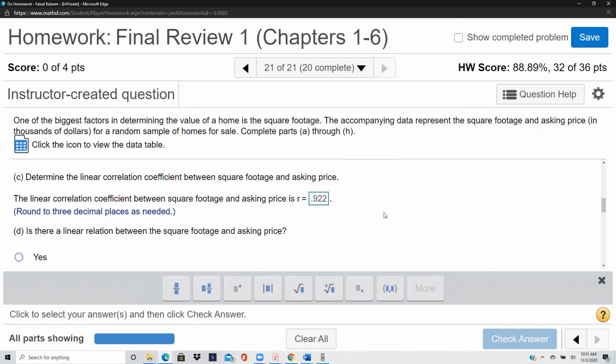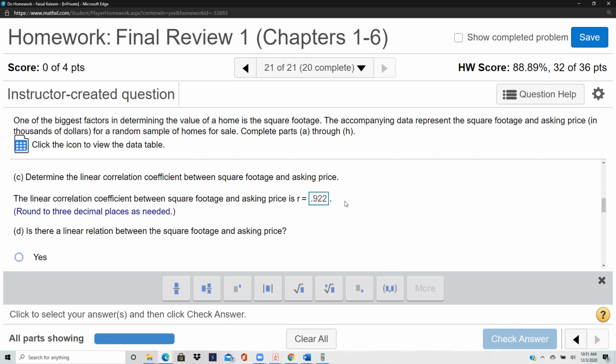In most problems, when they ask this question, that is, is there a linear relation or not, they give us the table for the critical values and we compare it against that one, remember? Yeah. But if they don't, then you look at the number and make a judgment call and decide whether it's close to 1 or not.